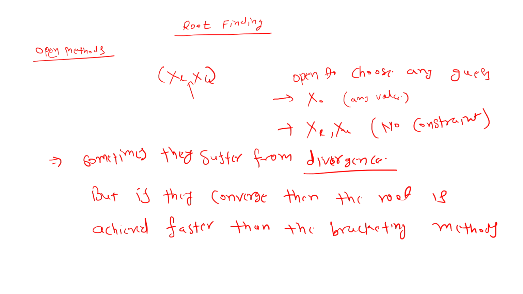These open methods sometimes suffer from divergence. That means they might not achieve the root, or the solution might be going away from the true root. But if they start to converge, then the root is achieved faster than with the bracketing methods. So this is the basic difference between the open methods and the bracketing methods.